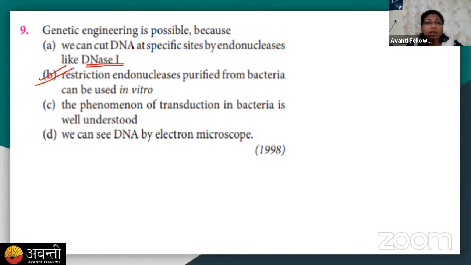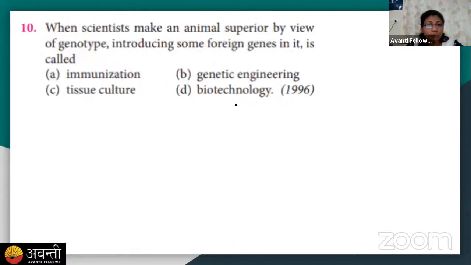Okay. So let's move to the next question. The next question says, when scientists make an animal superior by viewing its genotype, here we are talking about the genotype, introducing some foreign gene in it is called. Here we are introducing a foreign gene in the genome of a particular animal to make it superior, right?